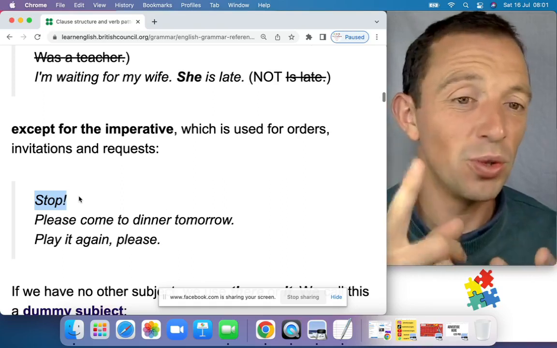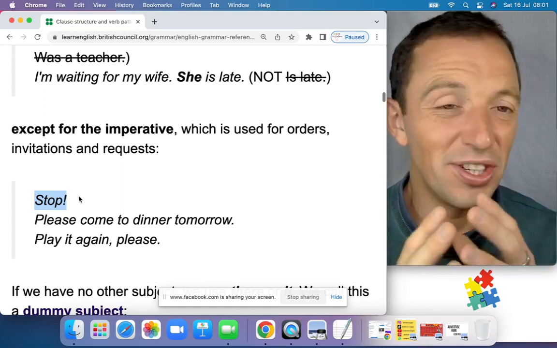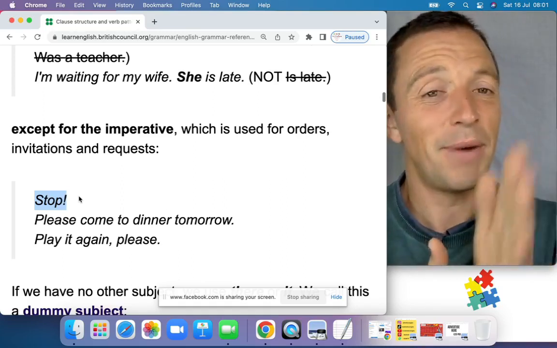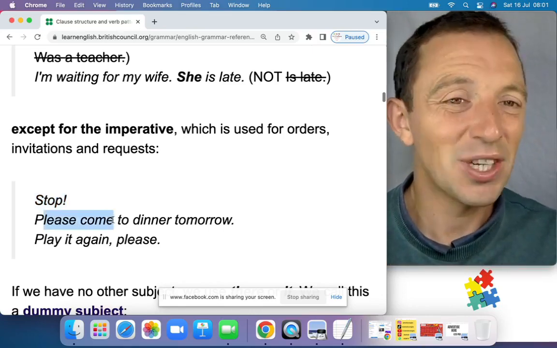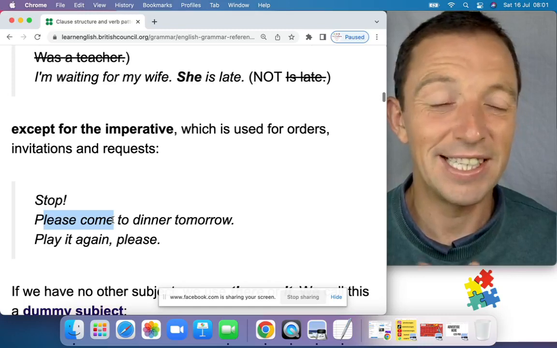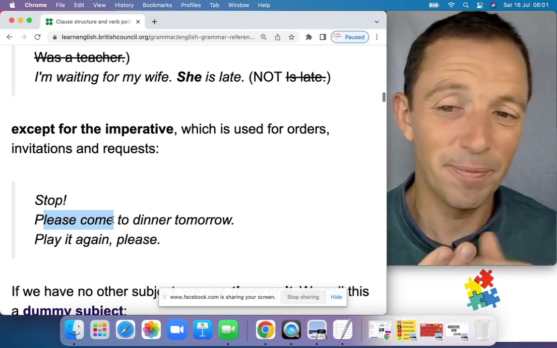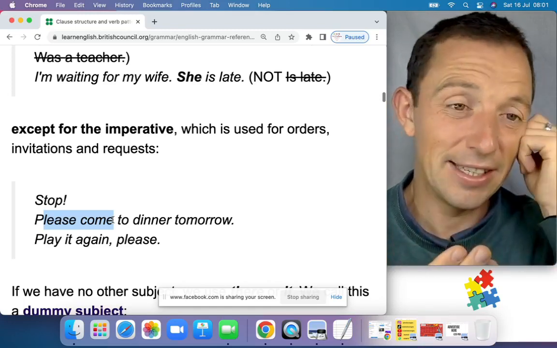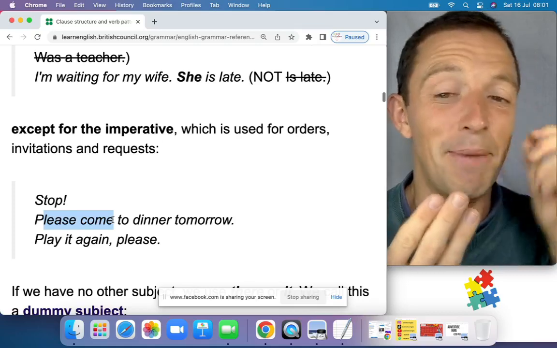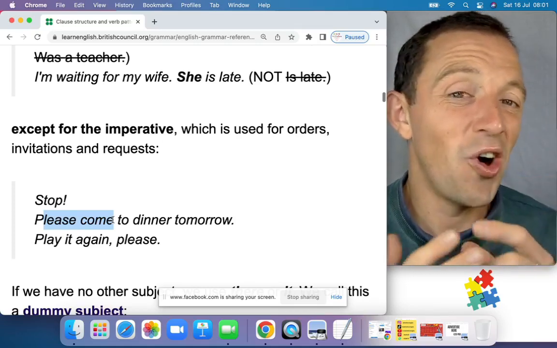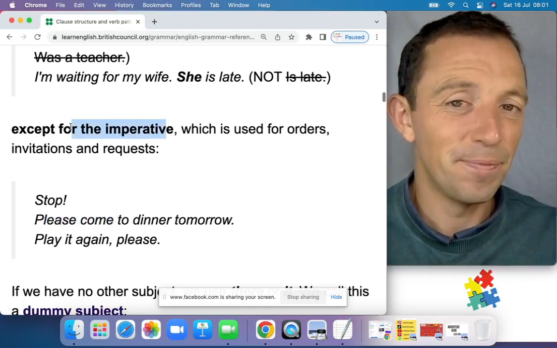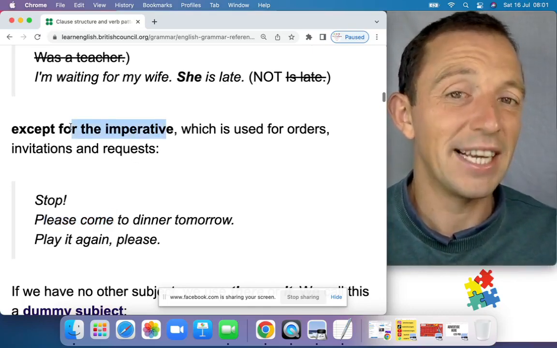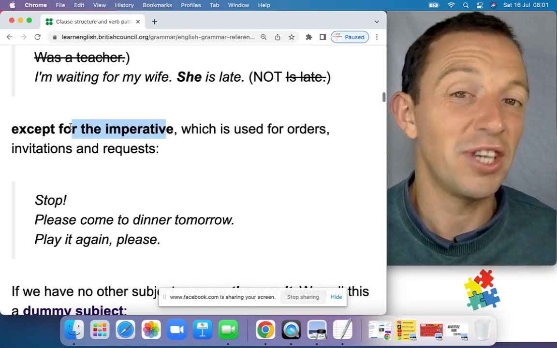It's possible you stop, he stops, but in the instruction, in the order, the imperative, there generally is no subject. Next, please come to dinner. This is an invitation, it's an order, it's a request, and there's no subject because it's the imperative. So all clauses have the subject except the imperative. That's important. So technically, grammatically, you must try to remember this.